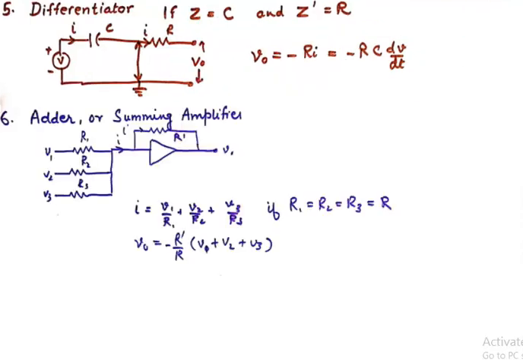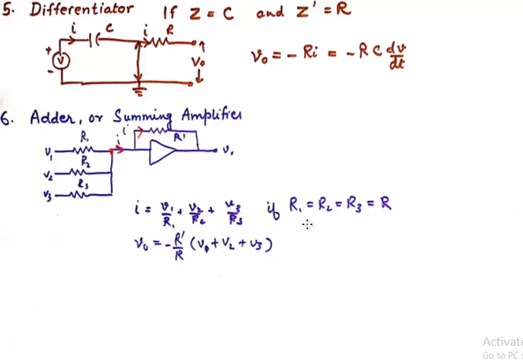And finally, what I want to discuss is the adder or the summing amplifier. It is again very simple. In this, what we can do is we can supply 3 different voltages and they combine at this node, resulting in the total current I, and we know this total current enters into the feedback circuit with the impedance R dash. So my I here becomes V1 upon R1 plus V2 upon R2 plus V3 upon R3.